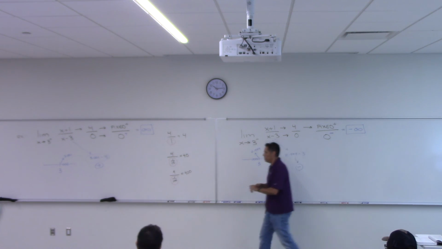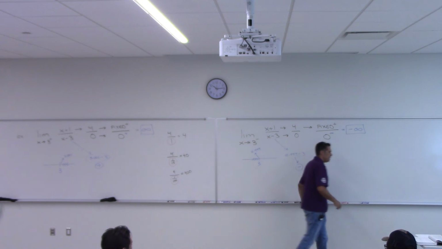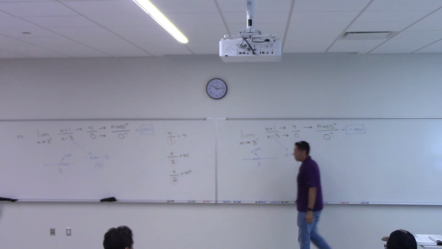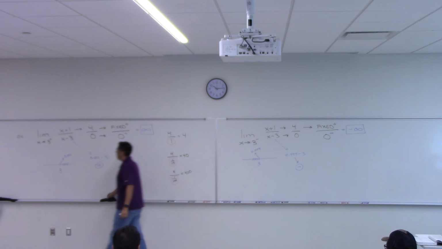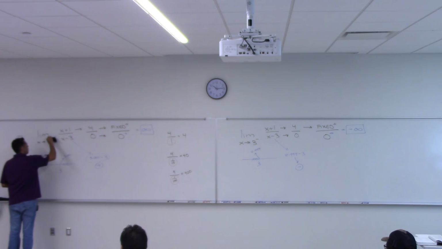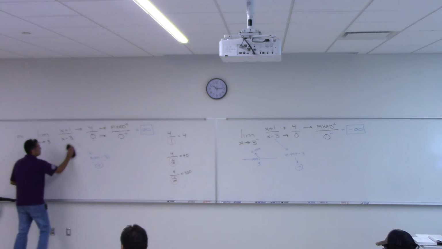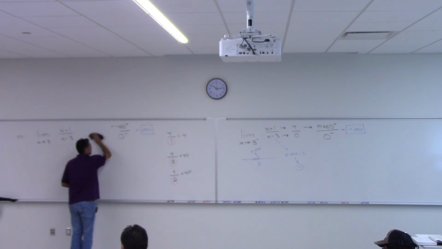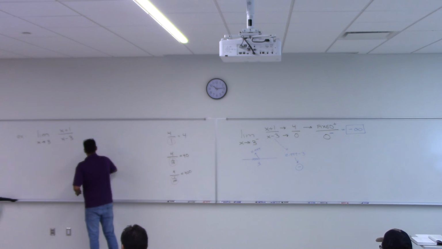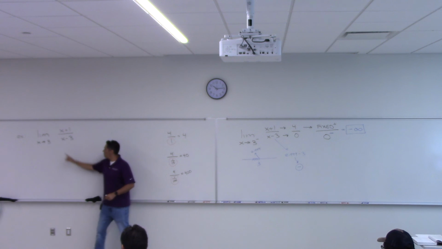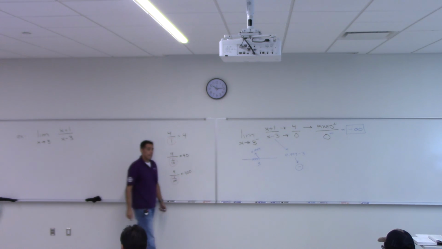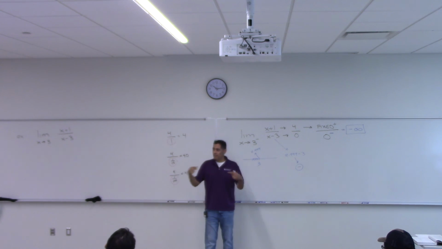Now, what if I gave you this problem and I didn't put a plus here, and I just asked you to give me this limit? Then what would you do? If I don't give you plus or minus here? Well, that means you have to check both sides. That means you have to do 2 different limits.